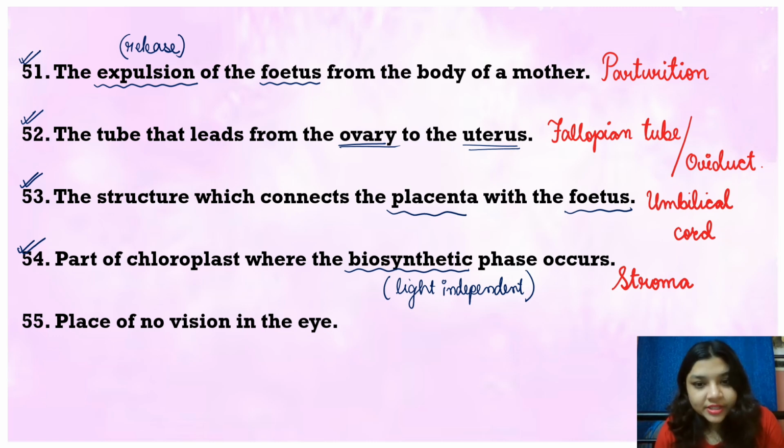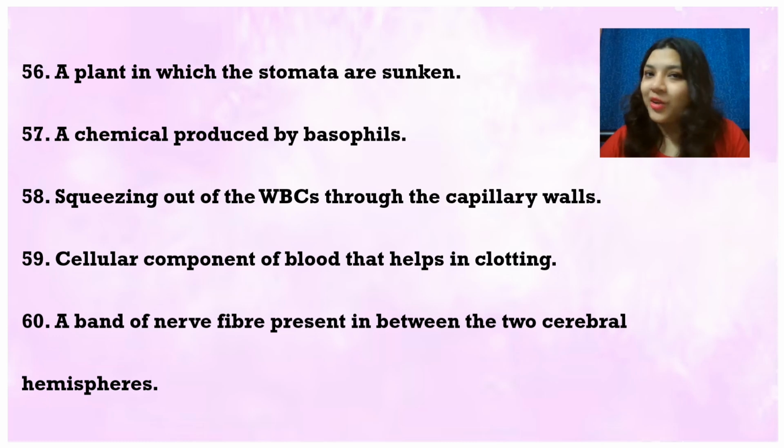And the second phase, that is the biosynthetic or the light independent phase, occurs in the ground matrix, that is the stroma. Next, what do we have? Next, we have place of no vision in the eye, and this is the blind spot. The next set of questions are on the screen.